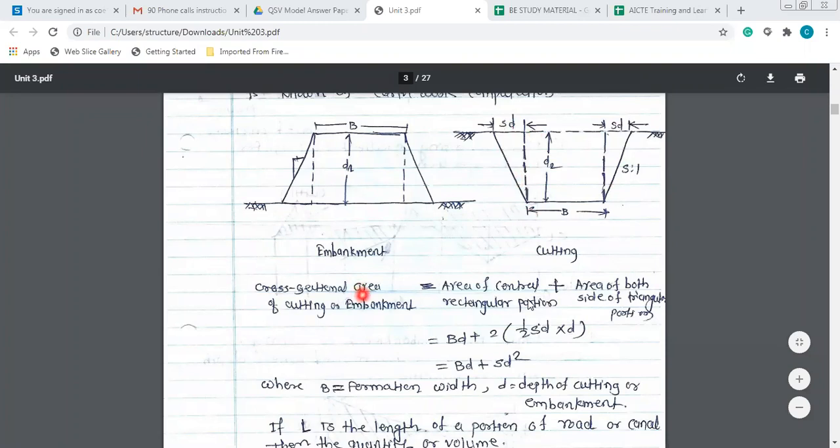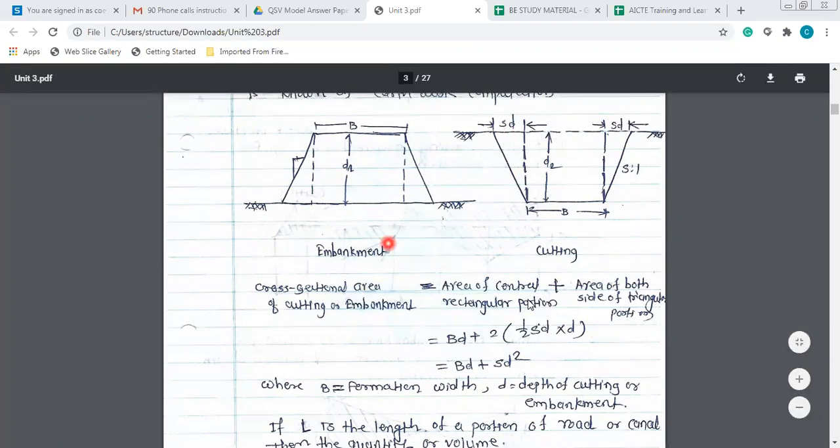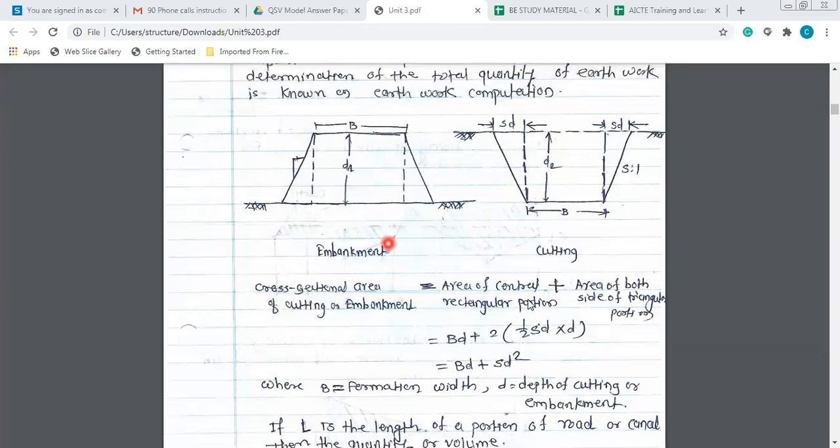So to calculate the cross-sectional area of the cutting or embankment portion, we divide it into parts. First is your rectangular part, and second you have to calculate.